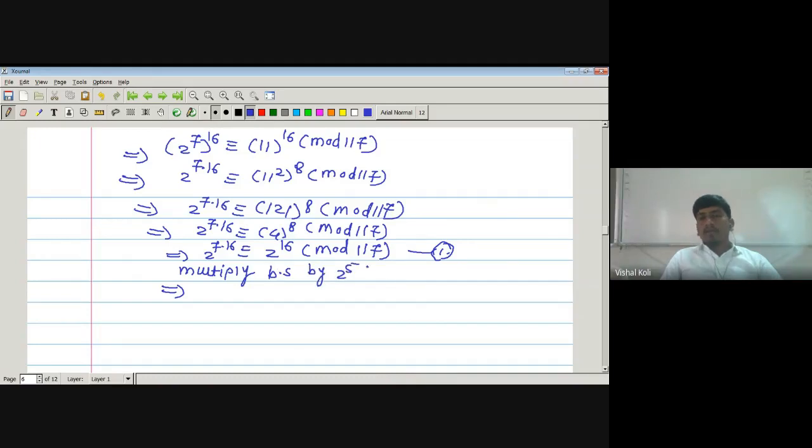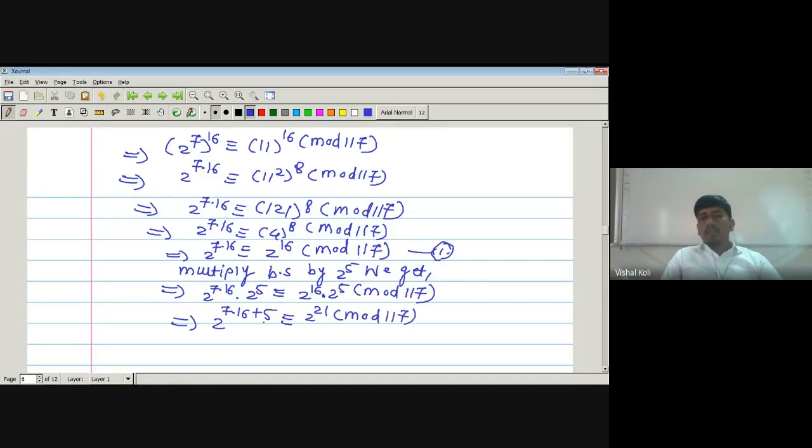We get 2 to the power 7 into 16 into 2 to the power 5 is congruent to 2 to the power 16 into 2 raised to 5 modulo 117. In total, this is 2 to the power 7 into 16 plus 5, congruent to 2 to the power 21 modulo 117.